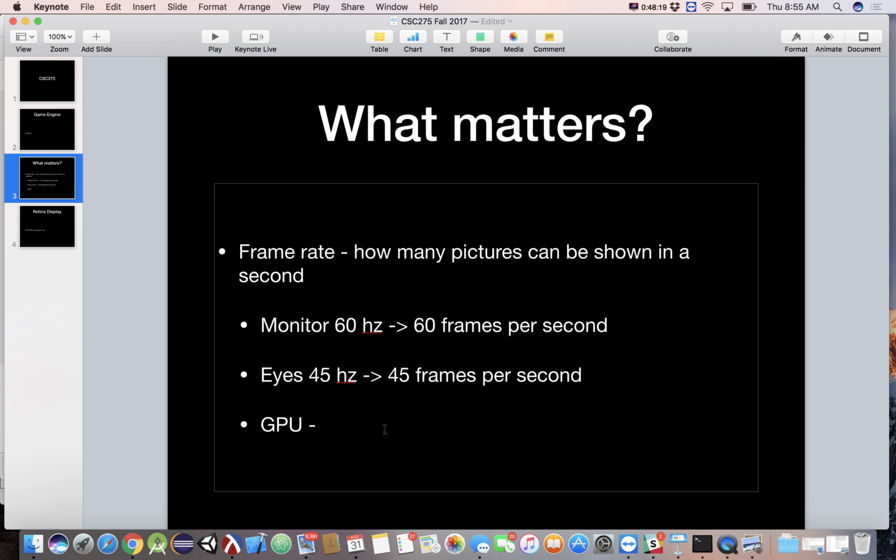You don't need 2,000 cores to process those frames. But GPUs are physics workhorses. They do a lot of math, and they are what keep up our frame rates.